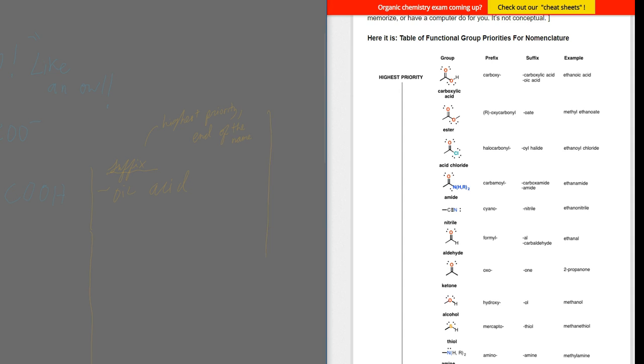Highest priority, that will make sense later, hopefully. In the second prefix, to distinguish it from prefix.